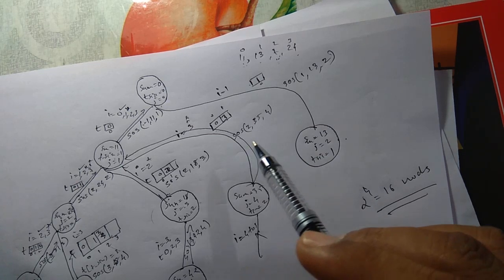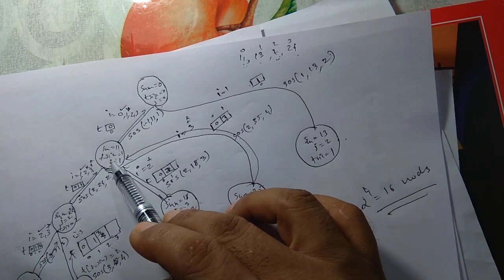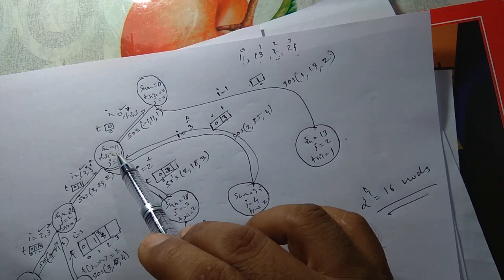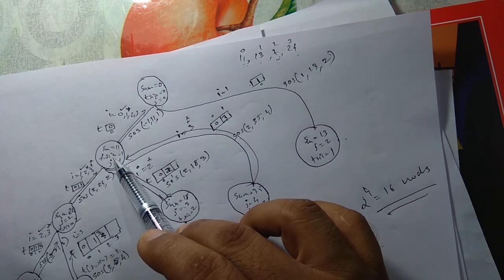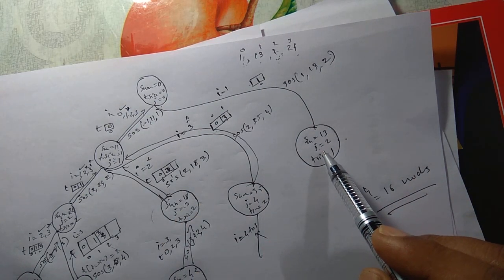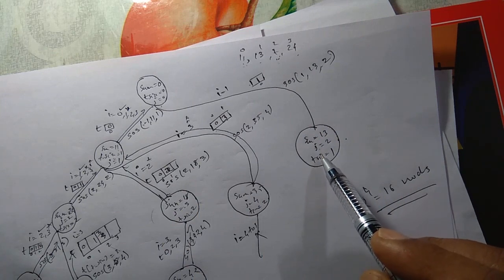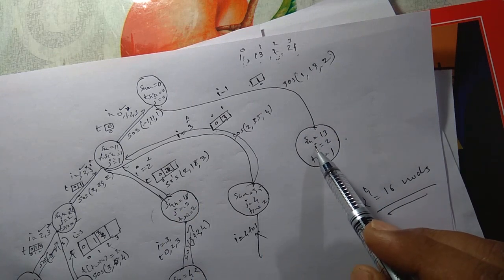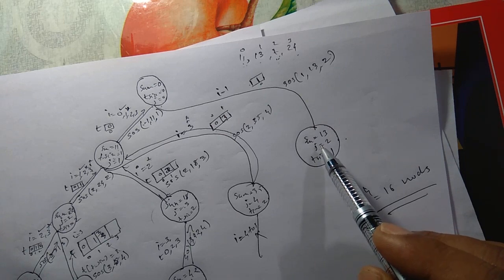We have generated all children of this node, so it has become a dead node. Now we are here and we have to generate the children of this node. So this is called an E node, it is getting expanded.